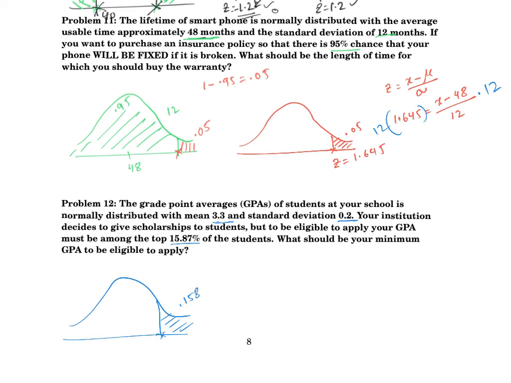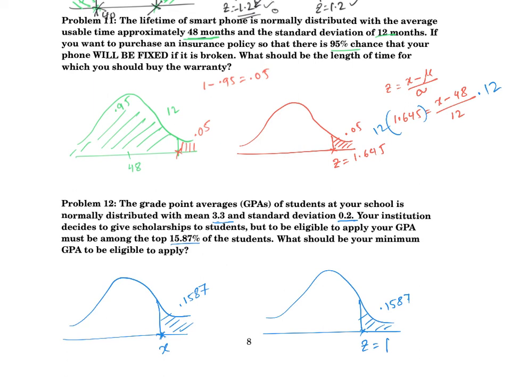We know, you can look it up, this is not Z, this is X, right? So this is X, and if you go to the standard normal distribution, this is going to be the top 15.87%. So that's going to be Z, and we know from experience of dealing with it many times that Z is 1. So what is the grade point that you should announce to ensure that only the top 15.87% of the students get to apply for the scholarship?